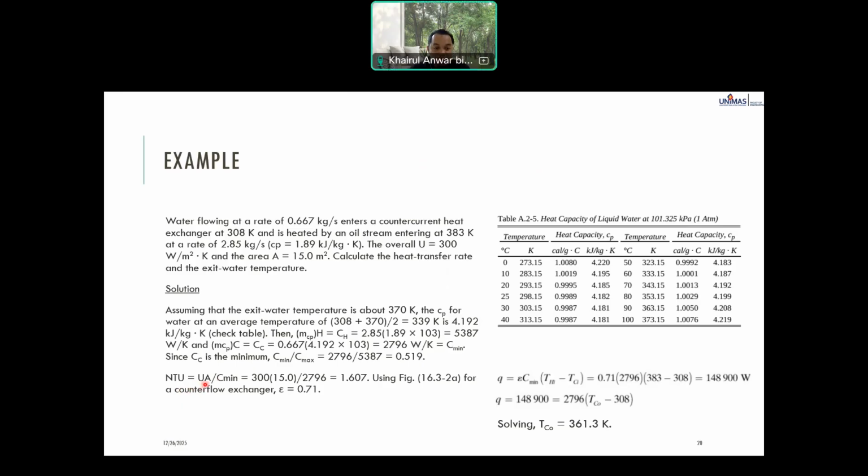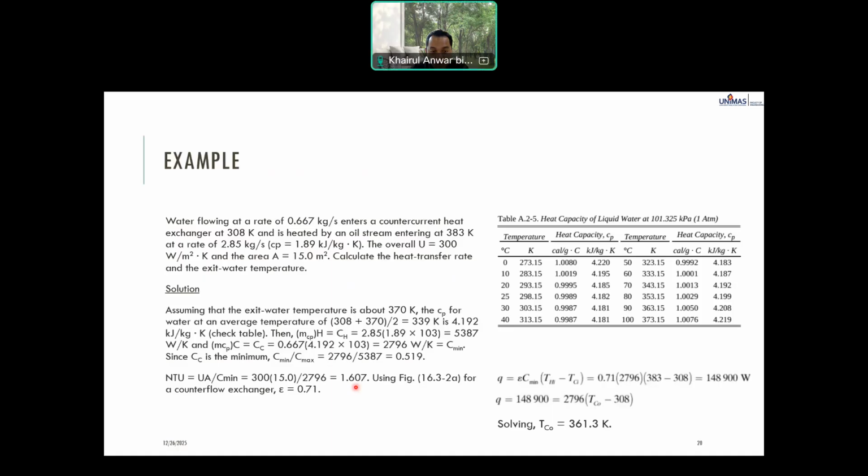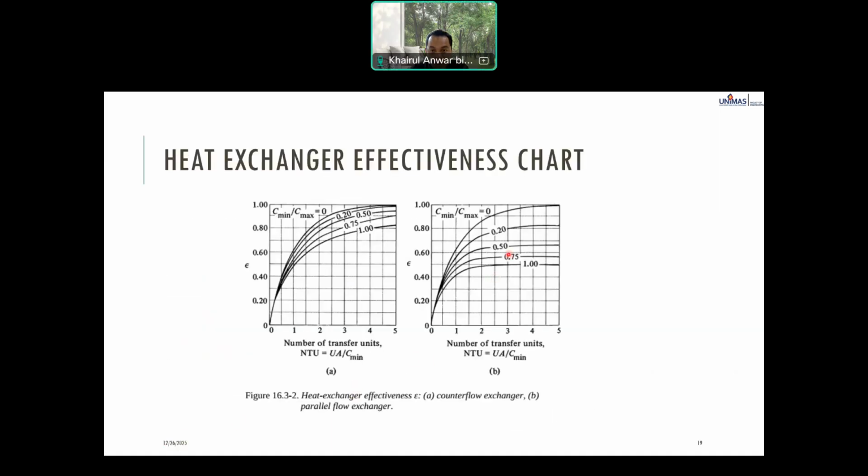So NTU equal to UA over C min, so U 300 and 15, 2796, which is this value. Using figure 16.3-2a, see, this one is 1.6, a counter pattern.